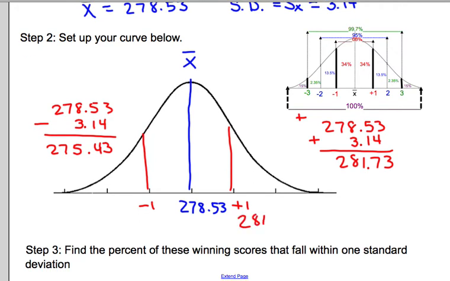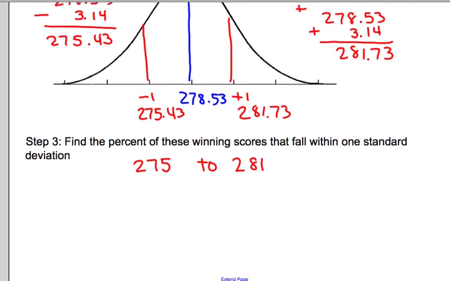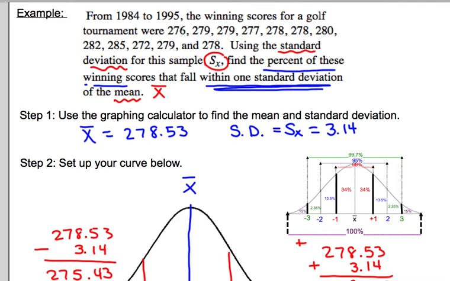So 281.73 and 275.43. So we're looking for values of scores that fall between approximately 275 to 281. So now let's head back up and count how many scores fall in there. We're looking for 275.